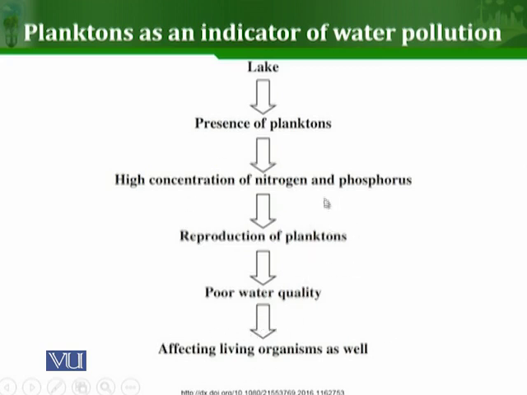So you can see here that we can not only indirectly assess the quality of an environment by looking at the bioindicators, but we can also foresee what could be the outcomes of a certain scenario.